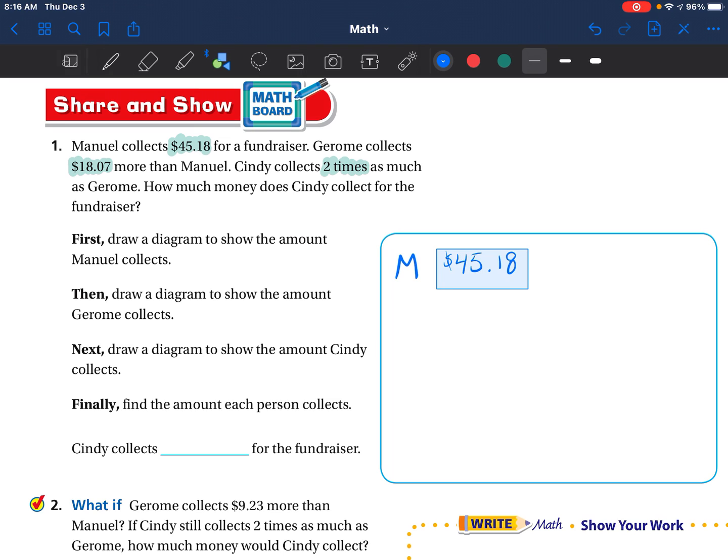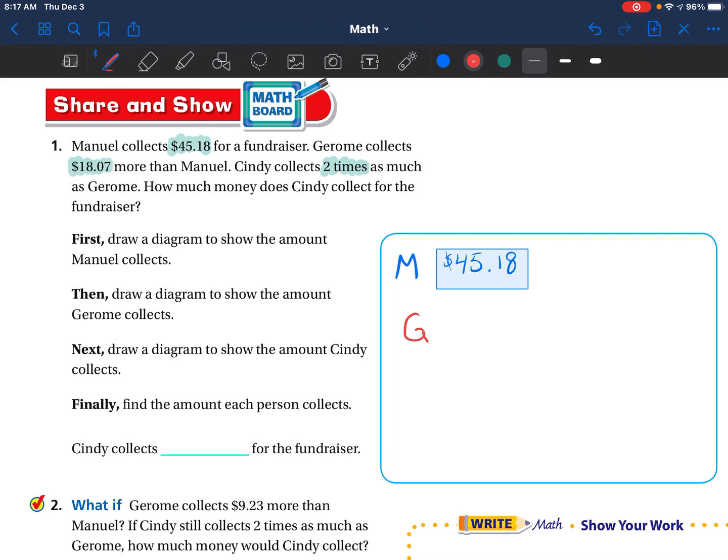And next we have Jerome. So I'm going to go ahead and use a G. Oh, there I am with that shape tool again. And it says that he collects $18.07 more than Manuel.